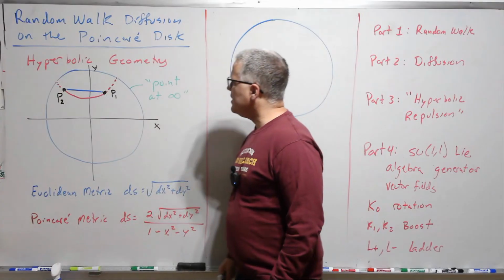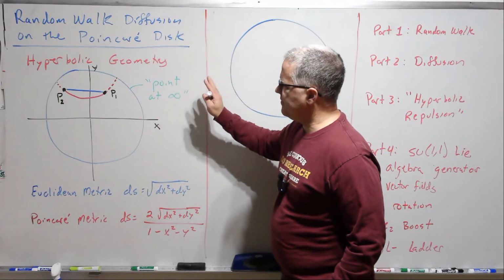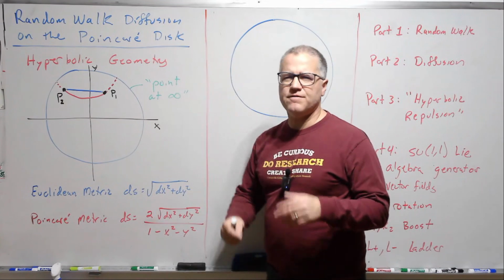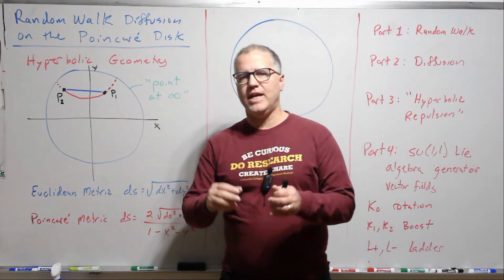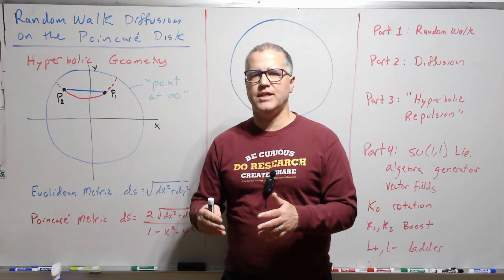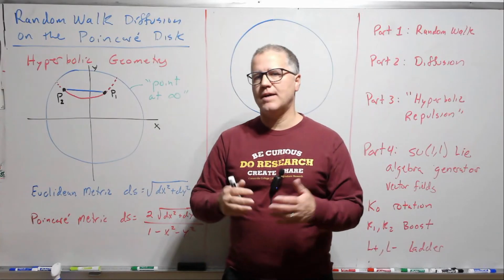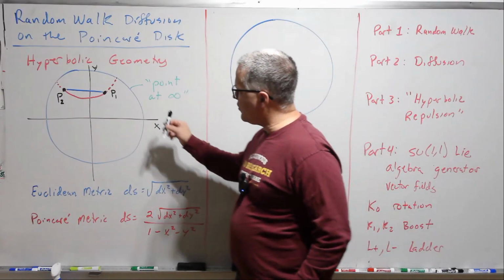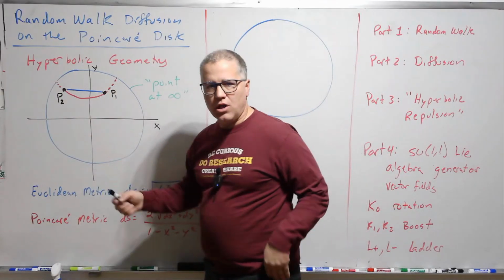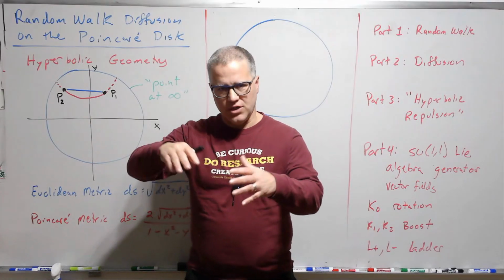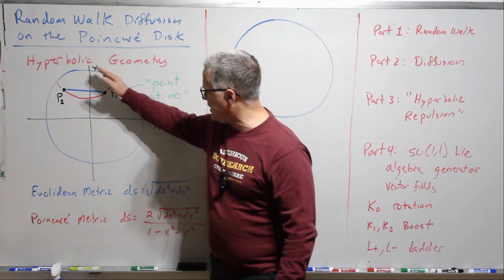Now, for those of you who don't know, the Poincaré disk is one of 3 or 4 good ways to represent the non-Euclidean geometry of negative curvature or hyperbolic geometry. And how the disk is laid out is that all of this non-Euclidean space fits on the unit disk inside the unit circle.